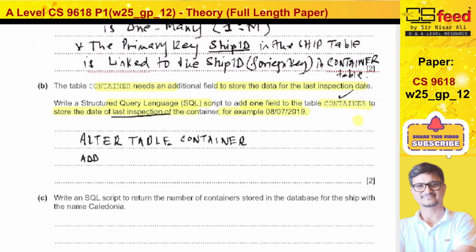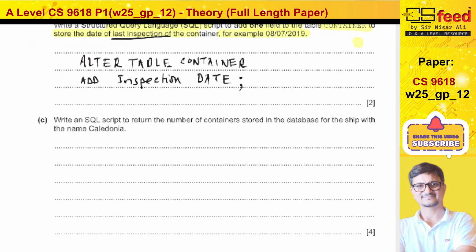So we are adding last inspection, and the data type, date, and then in the end clearly mention the semicolon. All right. So this is how the field is added in the table container.